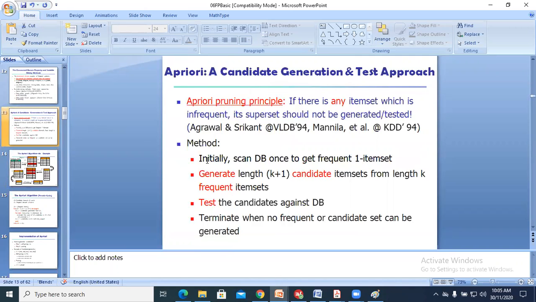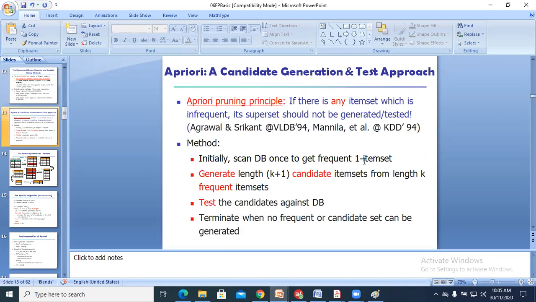This method scans the database once to get the frequent one item sets. Then you generate length k plus 1 candidate item sets from length k frequent item sets.